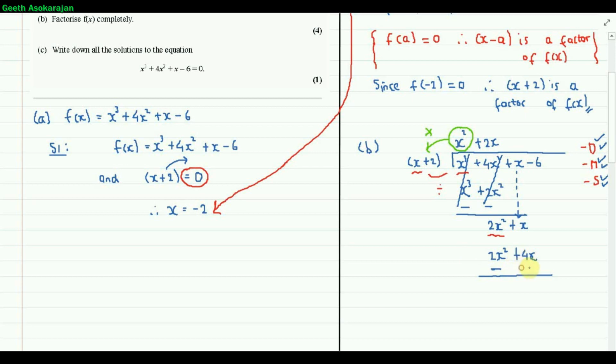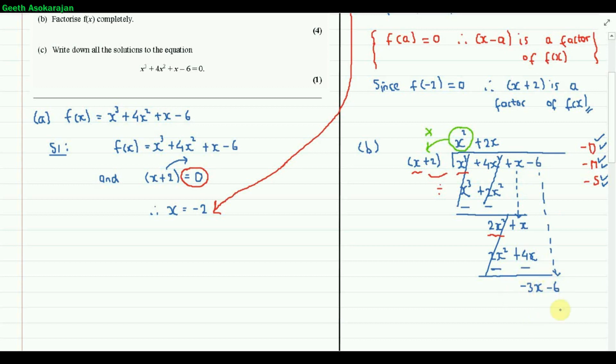This plus here, we'll reverse that to minus also, so that when we add, 2x squared minus 2x squared will cancel, and x minus 4x is minus 3x. Now, as we've seen before, ideally we need two terms here, so we bring this term along with the sign, so we bring the minus 6 down.